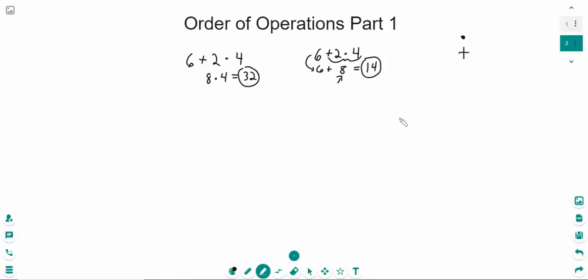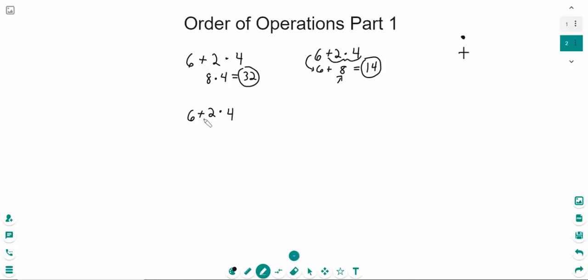All right. So looking at this problem, I'm going to rewrite it one more time. 6 plus 2 times 4. We see that there are several operations here. We're adding and we're also multiplying. We're going to do the multiplying first. So we take the 4, we're going to be multiplying that by the 2. Now, whenever you think of these things, always make sure that you include the sign with the number.